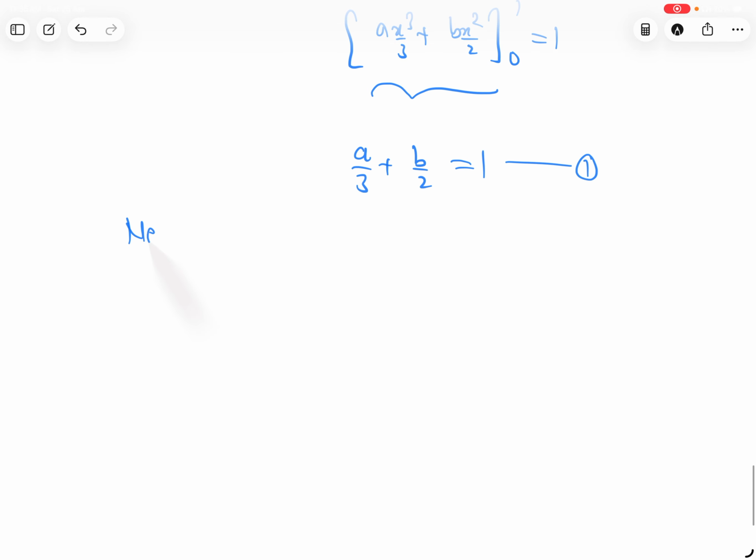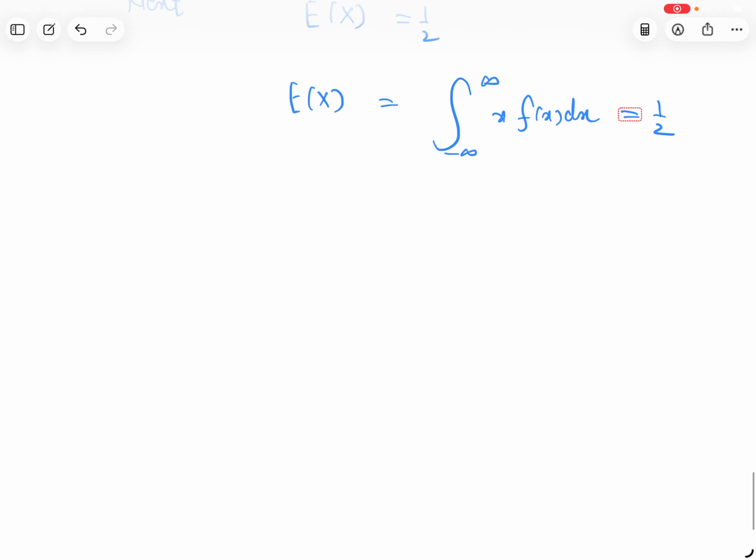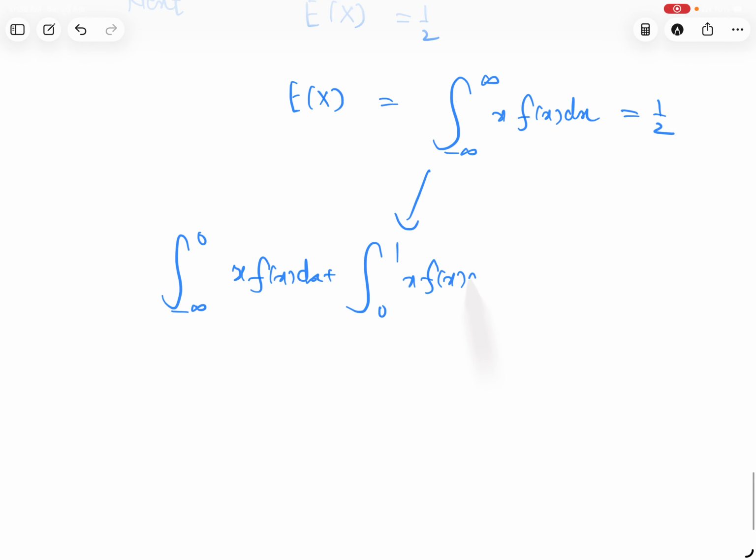Next, E(X) is given as 1/2. The formula for E(X) is the integral from minus infinity to infinity of x f(x) dx, which is 1/2. I can break this integral into minus infinity to 0, 0 to 1, and 1 to infinity.